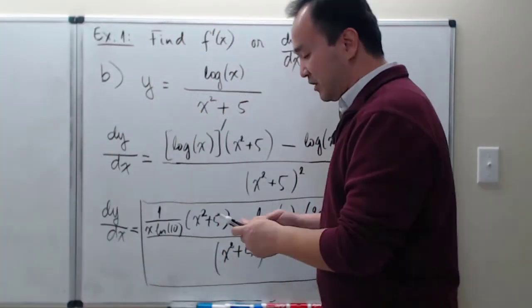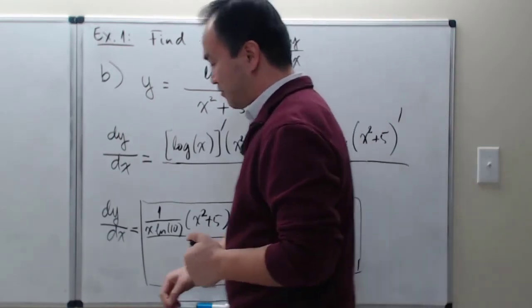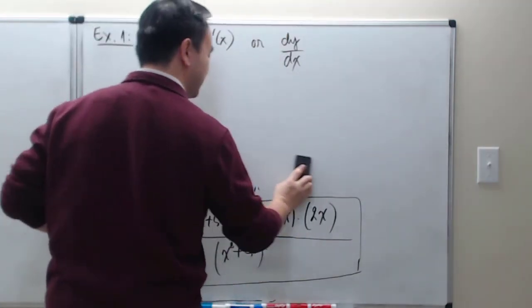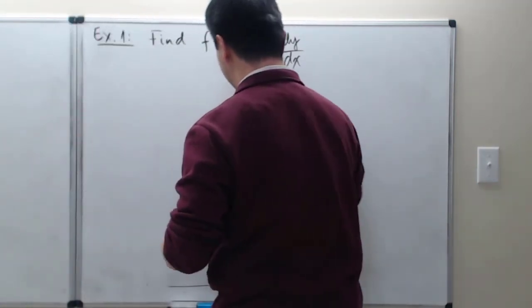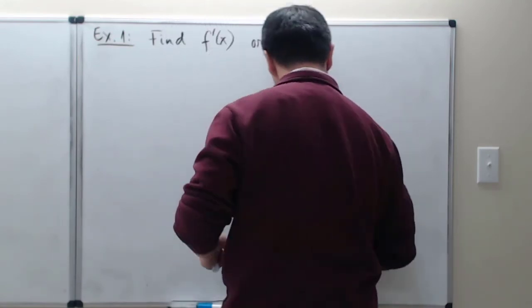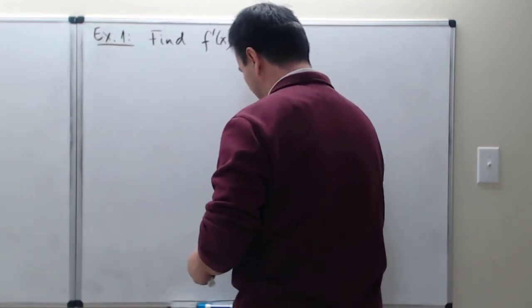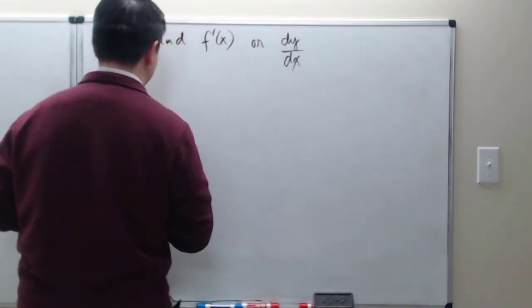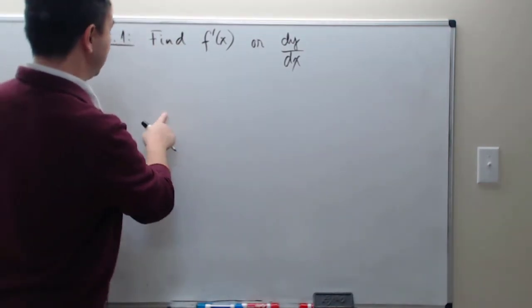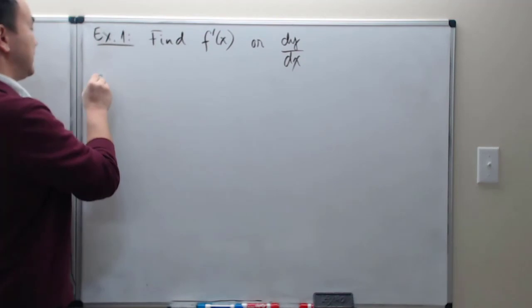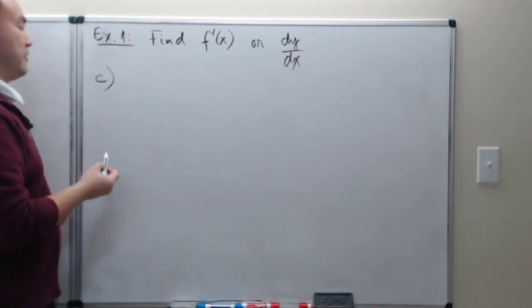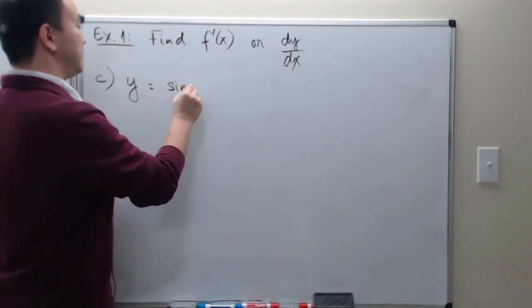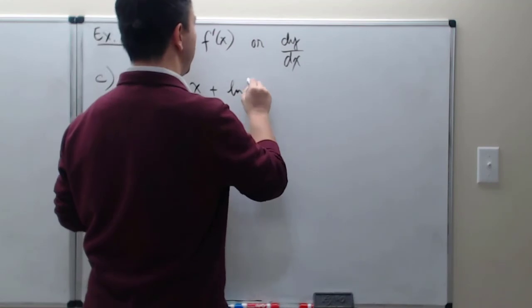And now let's look at another example problem. In part C of our example, we have y equals sine of x plus natural log of x.